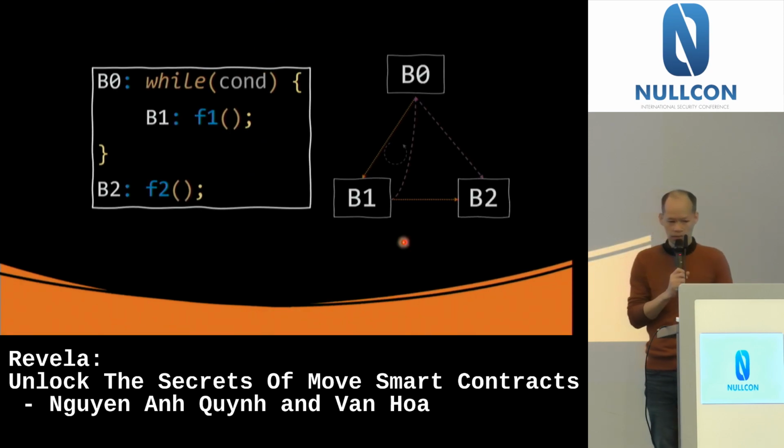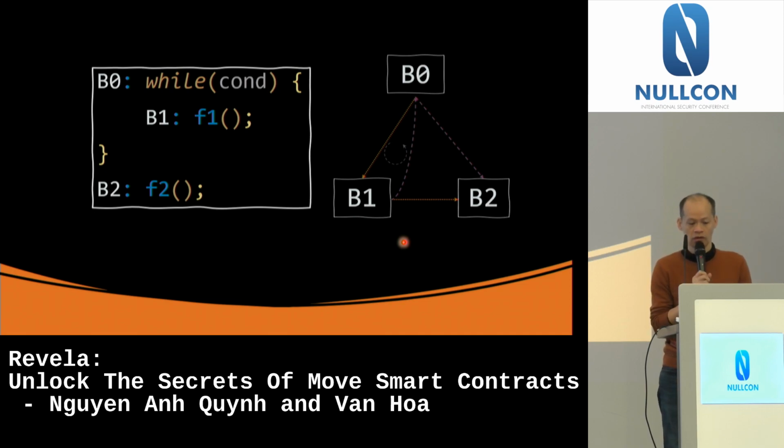Okay, here's another example so that we can have a loop in the high-level source code. So here we have a few blocks, B0, B1, and B2, right? So we go into B0, and then B0 can go to B1 inside the loop. And after the loop, we go from B1 to B2.